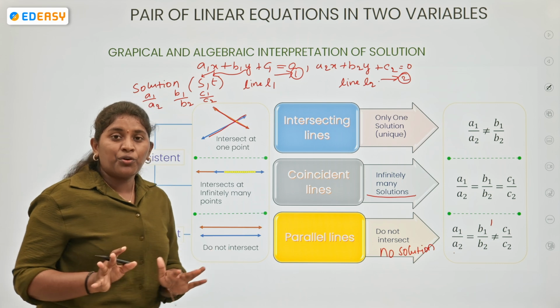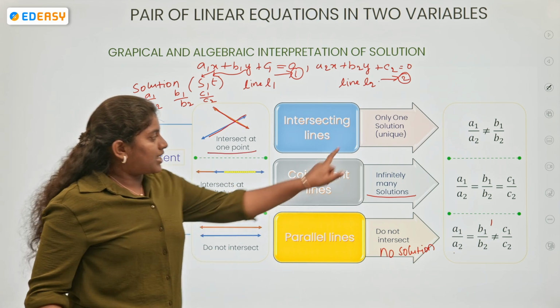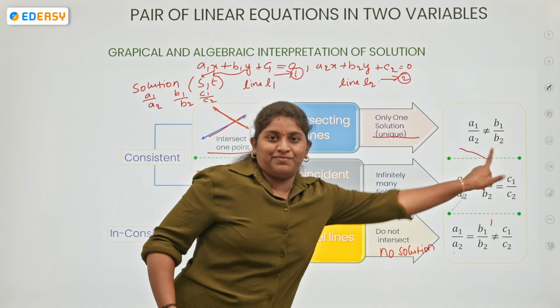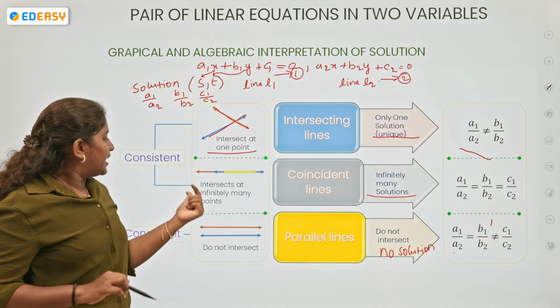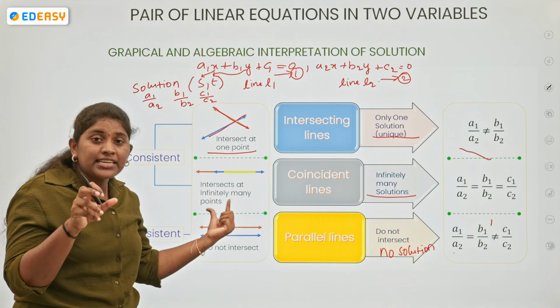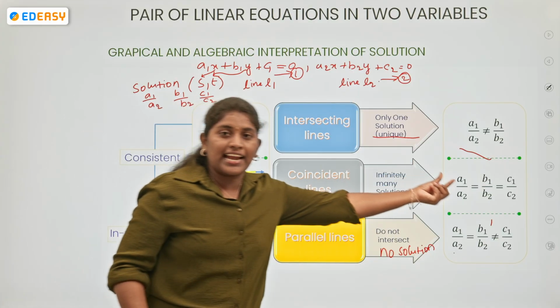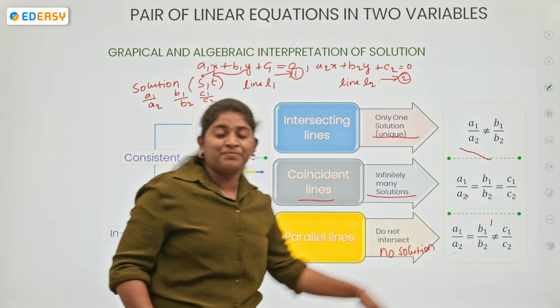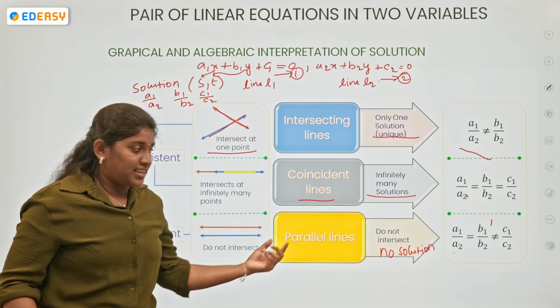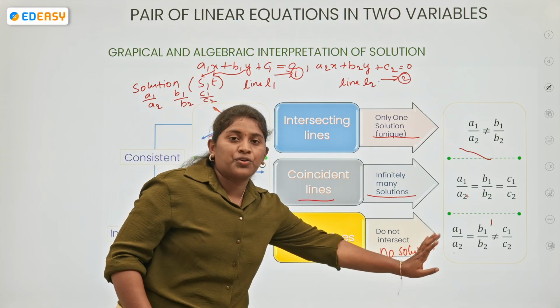Clear? If you want to take a short note, write: intersecting lines, one solution and the relation; next, coincident lines, infinitely many solutions and the relation between the coefficients; and next, parallel lines, no solution and the relation between the coefficients.